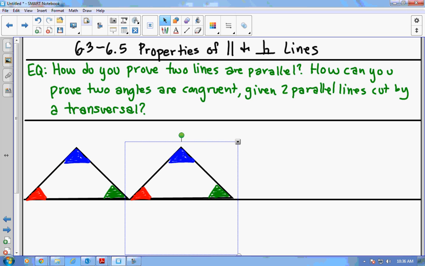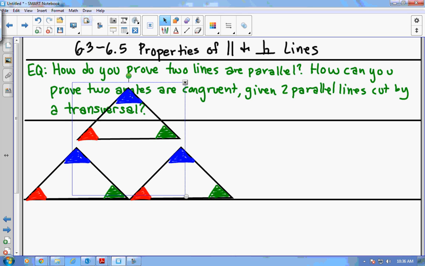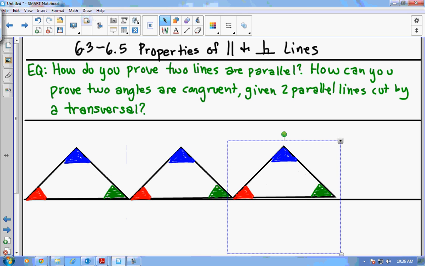Yep. That has to touch the corner. Touching the corner is important. Corner to corner, angle to angle, they should be touching. And then continue this process until you're off the page. Some of you have a bigger triangle, so you're already off the page. Others need to keep going.